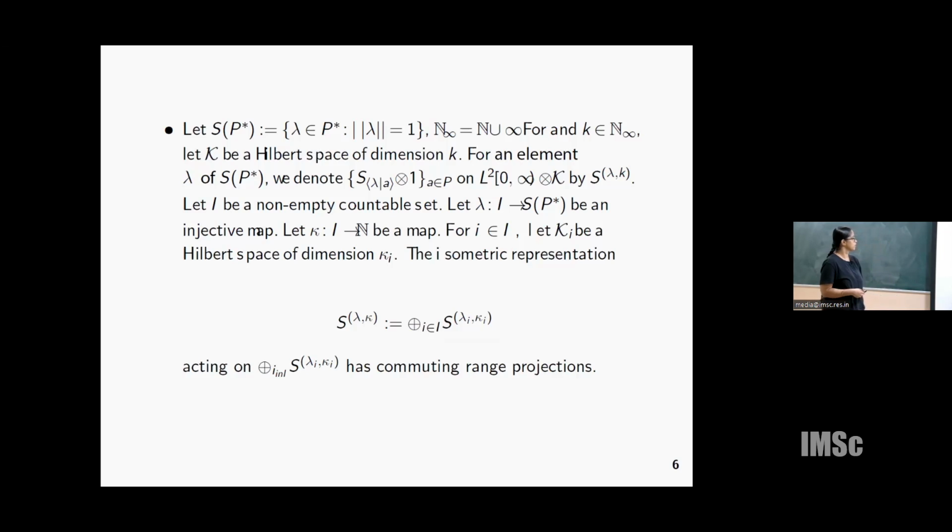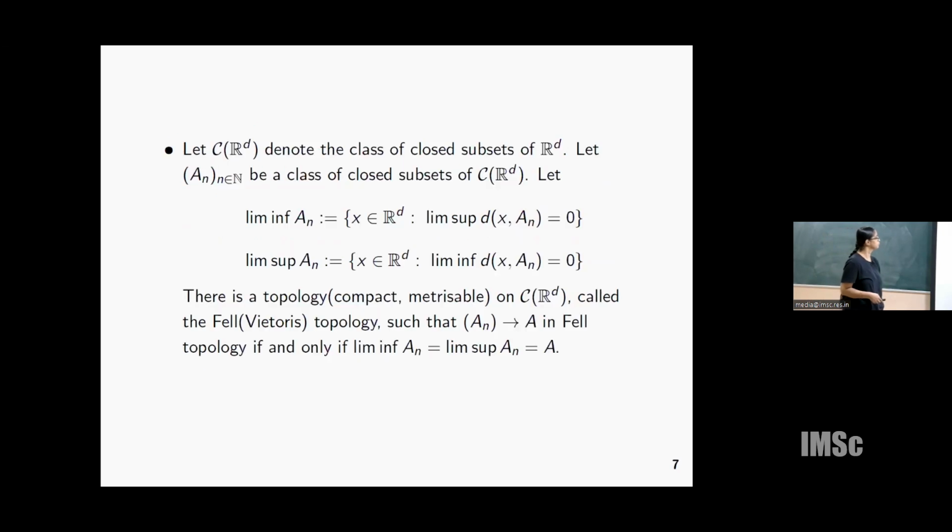This is somewhat an abuse of notation, but still I'll keep it. Let k from I to N be a map. For each i in I, let K_i be a Hilbert space of dimension k_i, and the isometric representation which is the sum of these representations S_{lambda_i}^{k_i}, that also we will denote by S_lambda^k. And this sum also has commuting range projections.